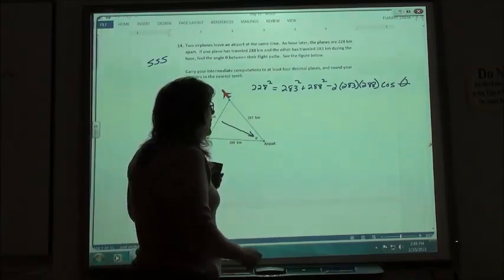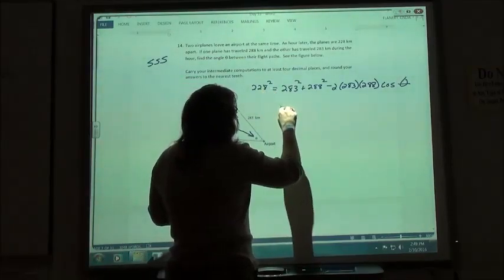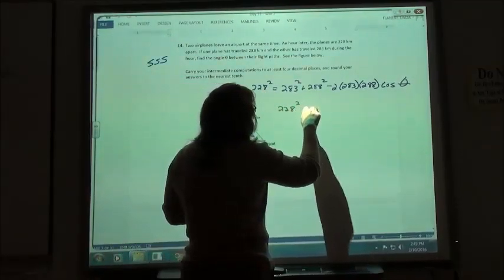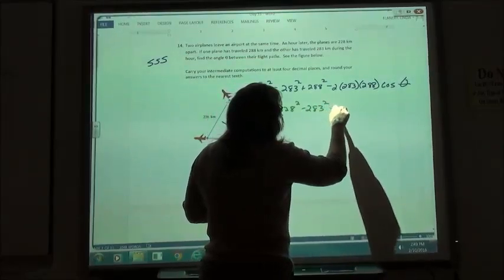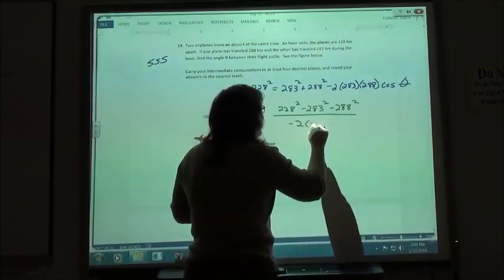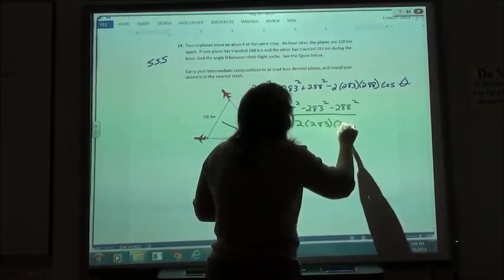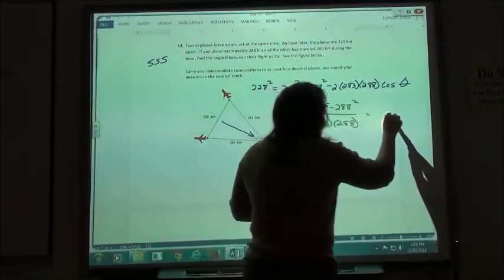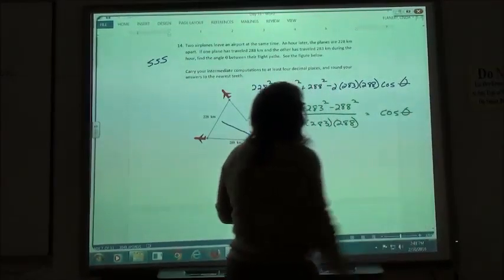So when I solve this like I did before, I'm going to have 228 squared minus 283 squared minus 288 squared over negative 2 times 283 times 288. That's going to equal the cosine of my angle.